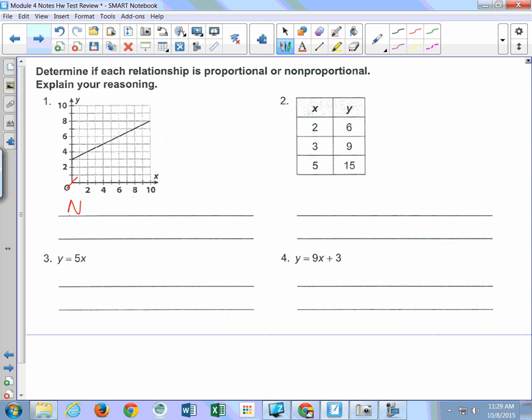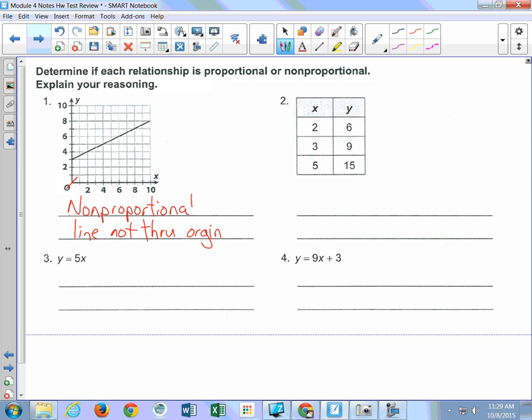So my answer here is non-proportional. Okay. And the reason for it being non-proportional? It's the line not through origin. Abbreviate through there, origin.